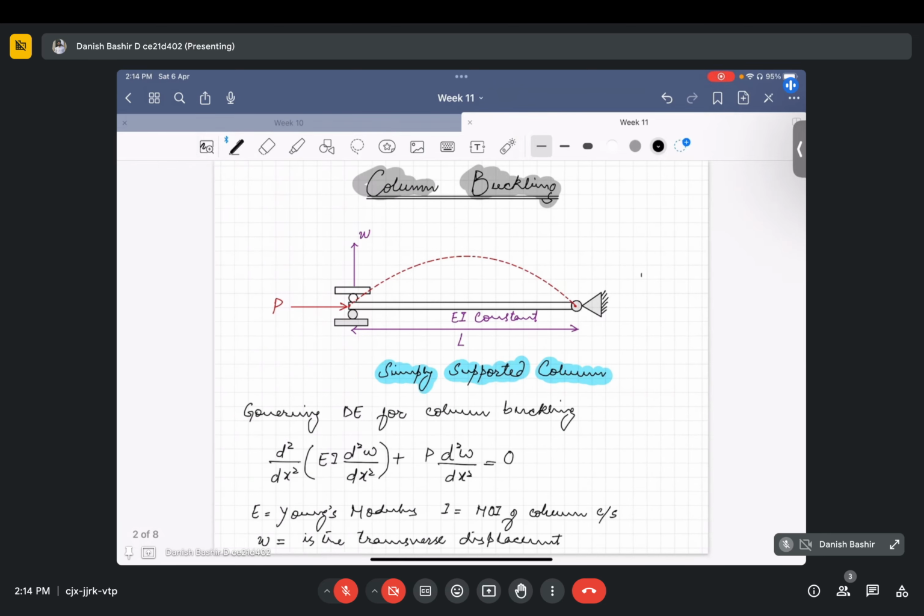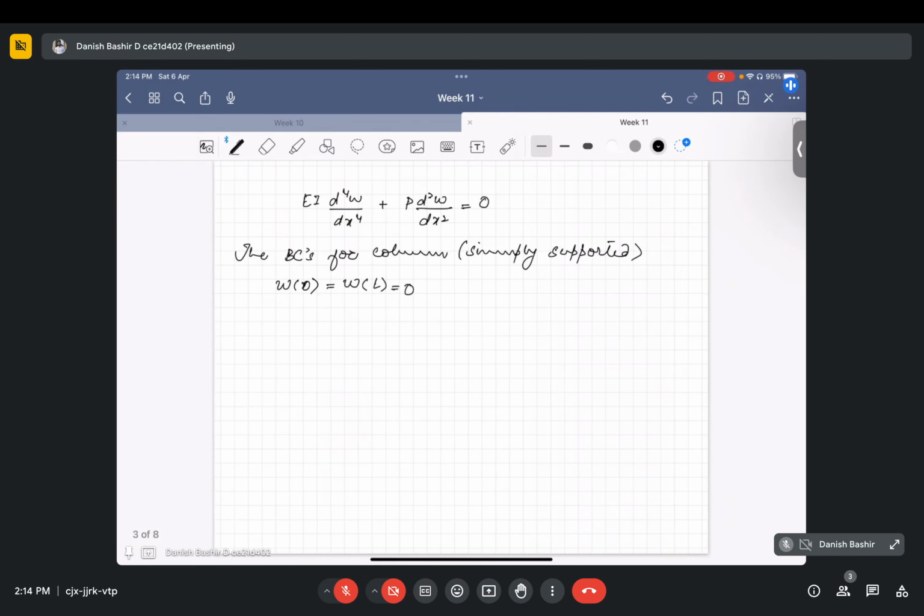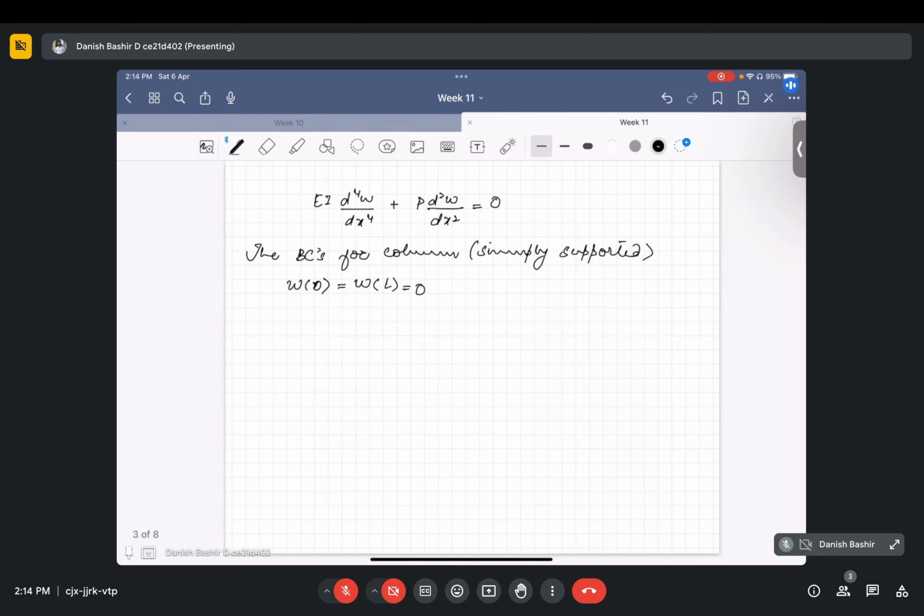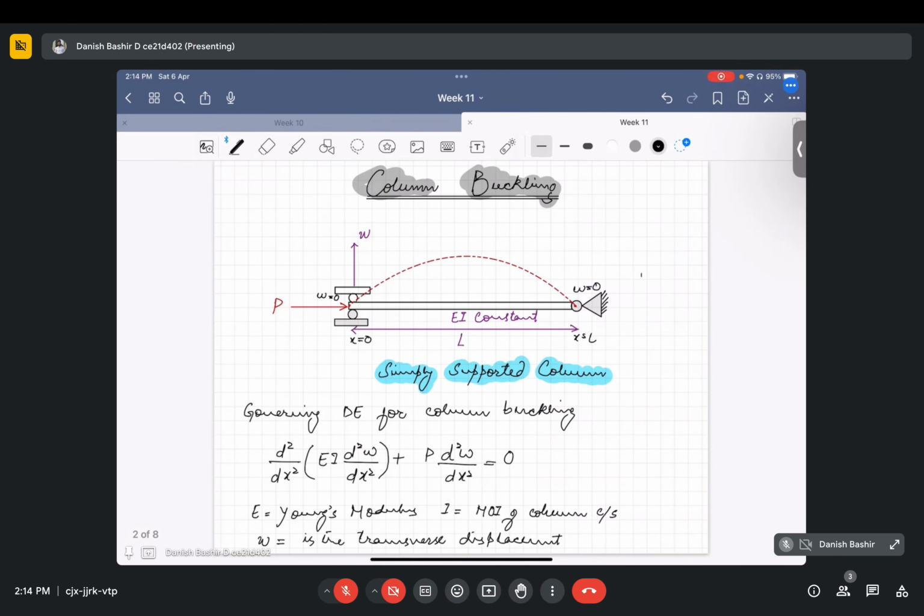You can easily see that here it is x equals 0, here it's x equals L, here W is also equal to 0, and here also W is equal to 0. Please note these points. Also, this is simply supported, so the moment generated at this point and this end will be again 0.